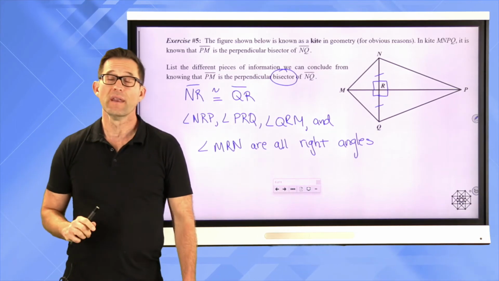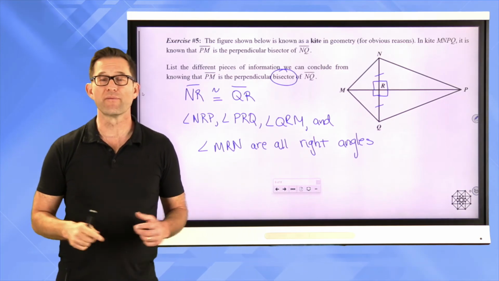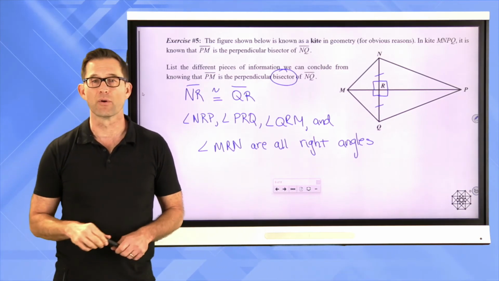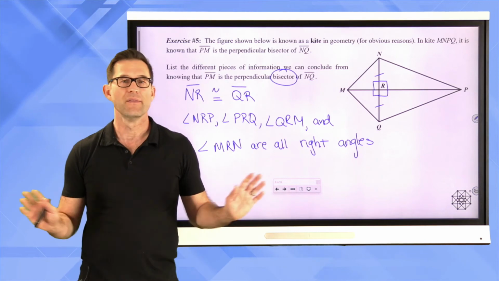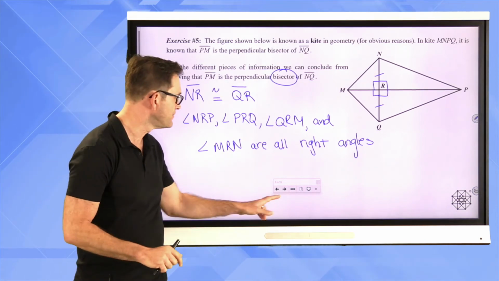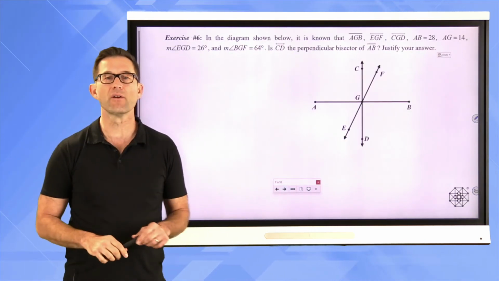And that's it. Now, eventually we'll be able to conclude even more information based on the fact that that's the perpendicular bisector. But for right now, that's all we know. All right, final little problem.